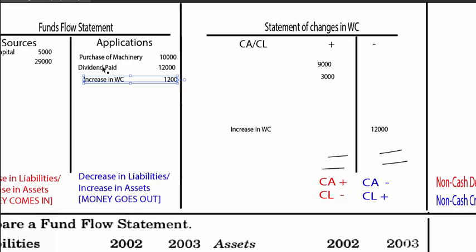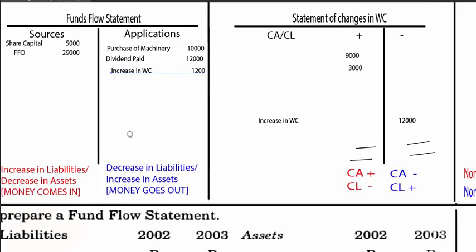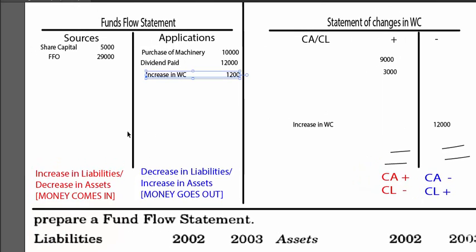Now this fund flow statement has to tally. If it doesn't tally, the answer is wrong. So let's just check if it tallies. 5,000 plus 29,000, that is 34,000. I'm sorry for the horrible handwriting.